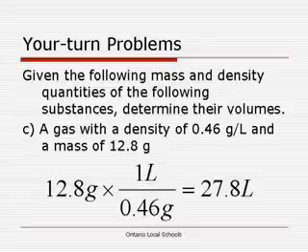That way the grams cancel. We're left with the volume unit of liters, so we know we set the problem up correctly. So our 12.8 grams times 1 liter and then divided by 0.46 grams gives us a value of 27.8 liters. So 12.8 grams of this gas would occupy 27.8 liters of volume.